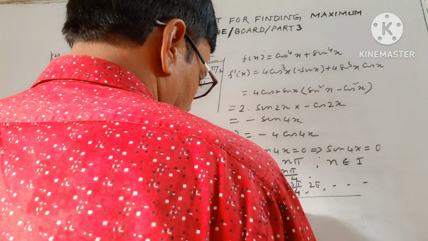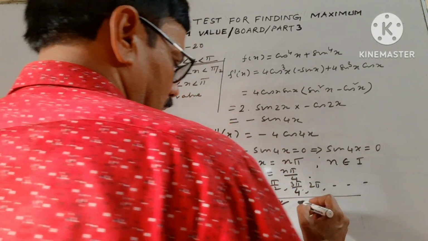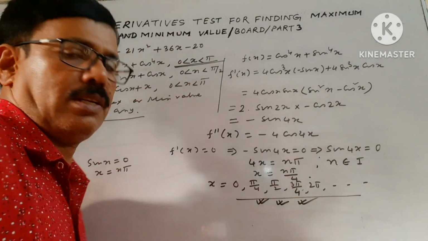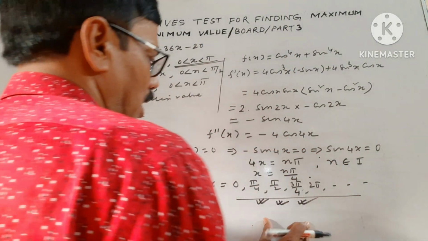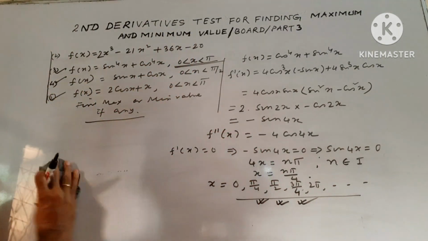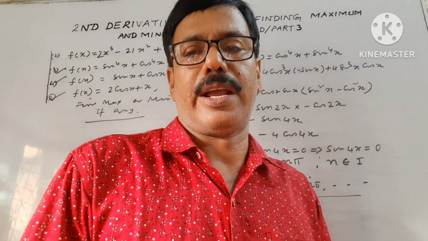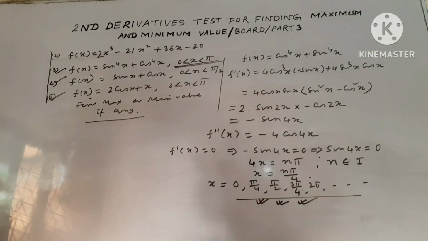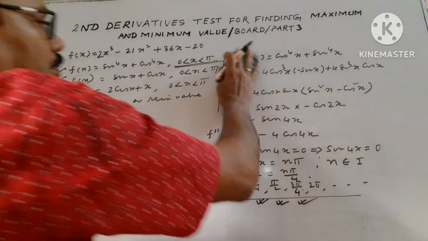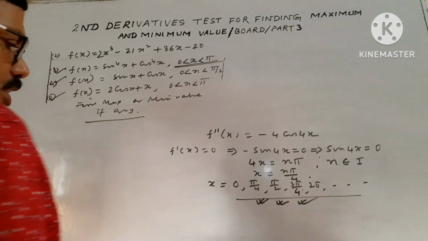So pi by 4 is one value, then pi by 2, then 3 pi by 4. These are the values lying in the interval. So now you have to verify the double derivative at these points.